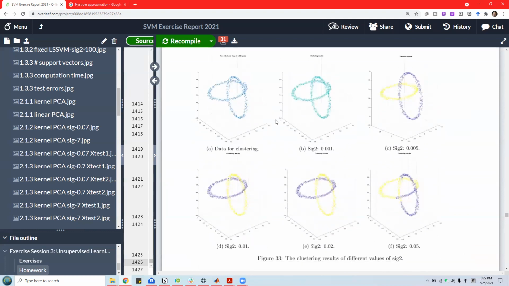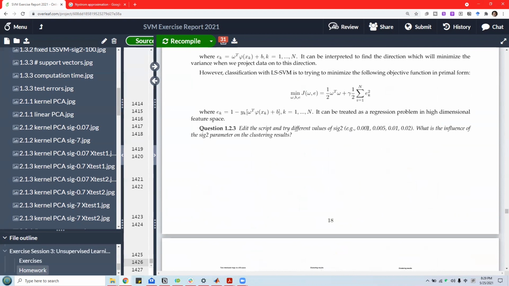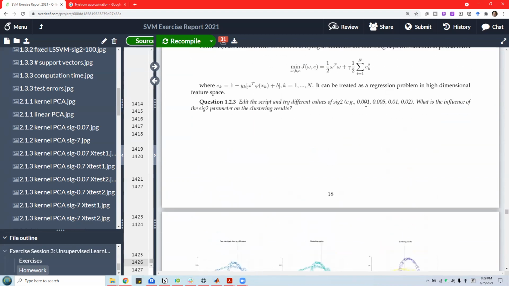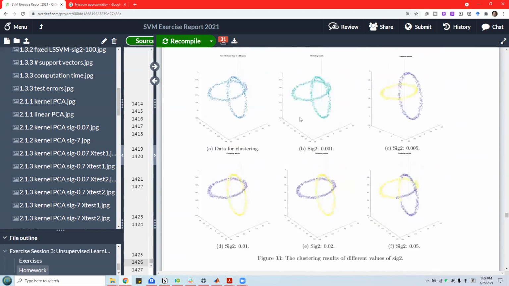You are getting data sets of two rings containing each other. If you try the values they recommend here, from 10 to the power of -3 until this, you will probably get something that looks like this.